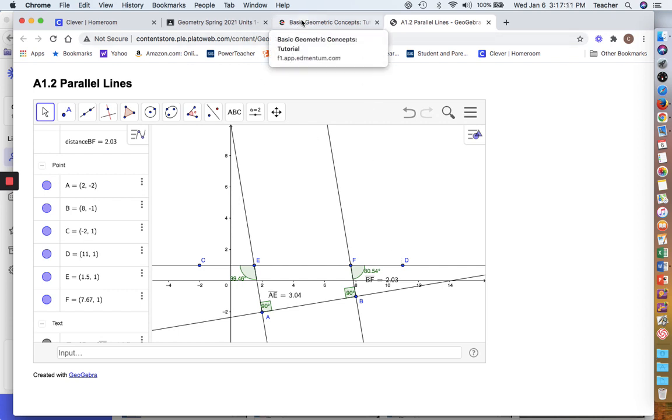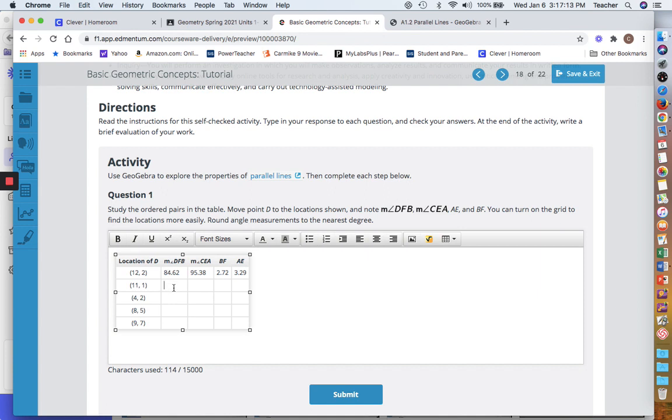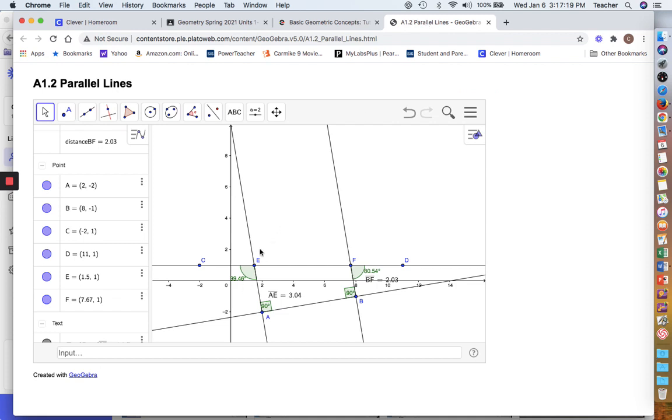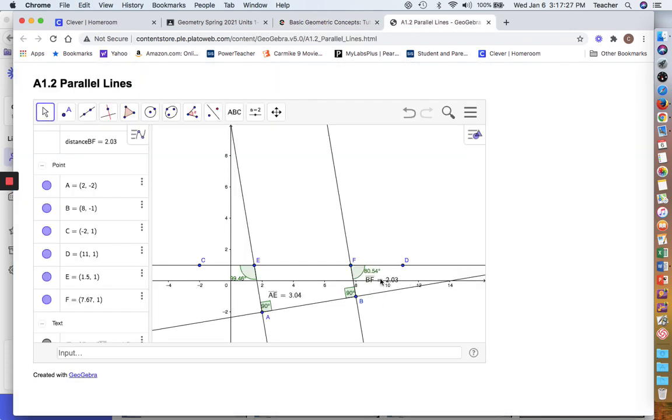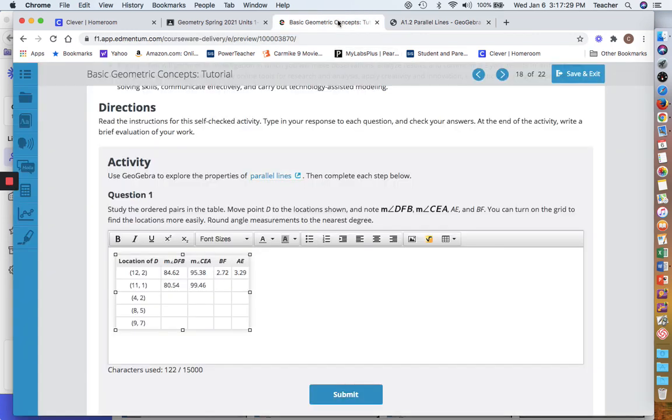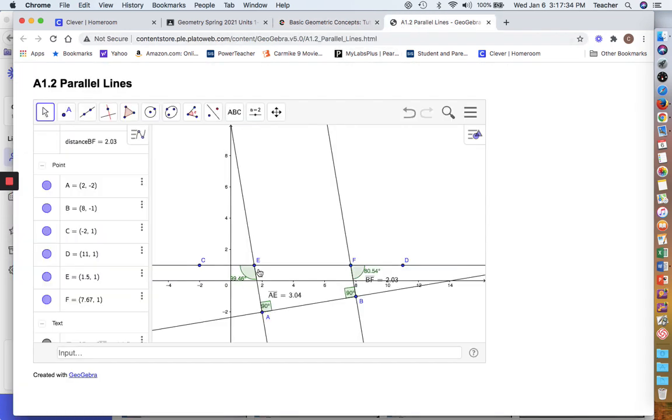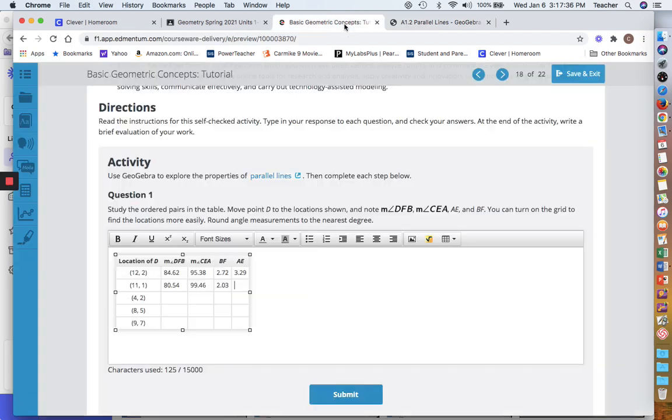So 80.54. Angle E was 99.46. BF, 2.03. And AE is 3.04.